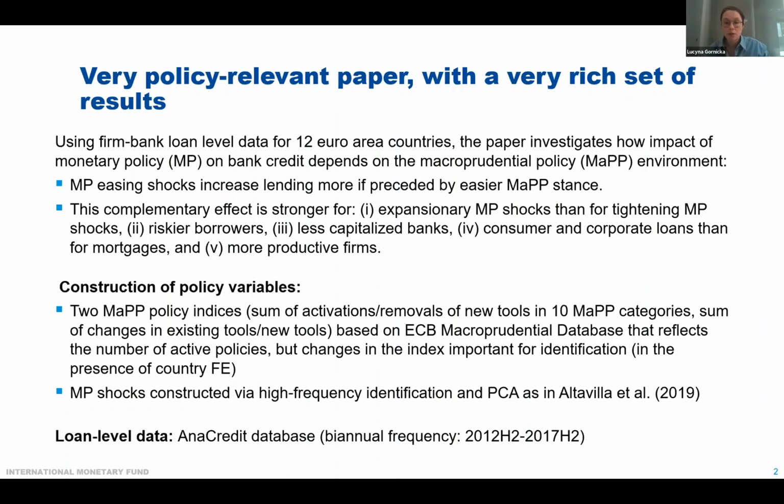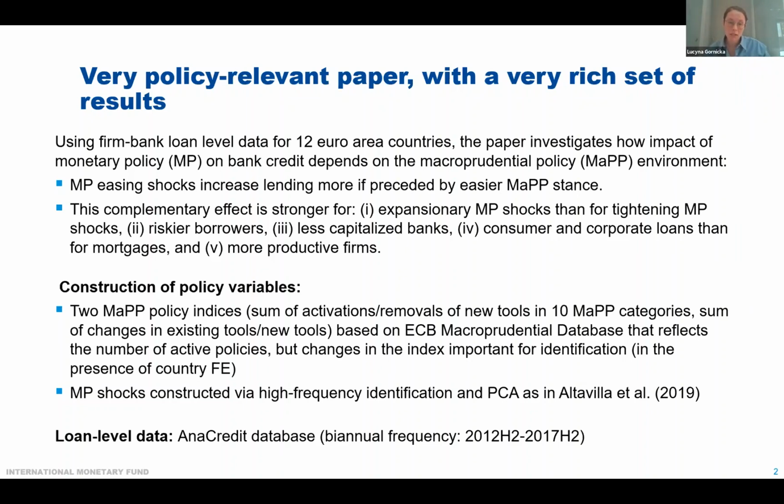The two key variables of interest are, first, the macroprudential policy stance, which they measure by two indices. One basically sums events of activations or removals of tools across 10 macroprudential policy categories. So this index does not really capture whether an already existing tool has been tightened or eased, as far as I understand.